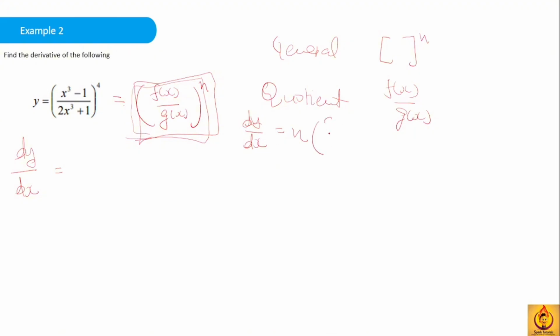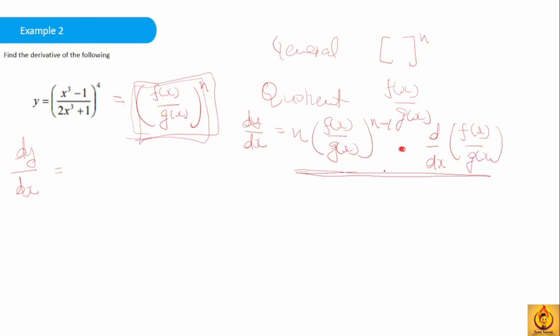We're going to multiply it by the original scenario that we're given, which is our f of x over g of x to the power n. But there's something that we do to that power, minus 1. And then we multiply by the derivative of what's inside that power, that function. This is the rule that we are going to be following in solving this case.